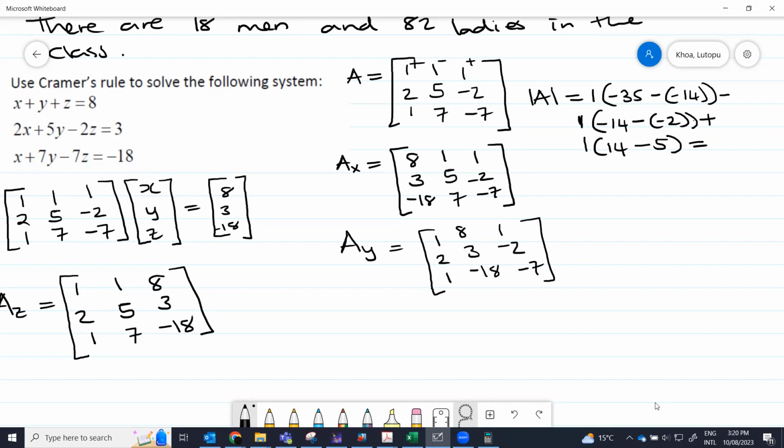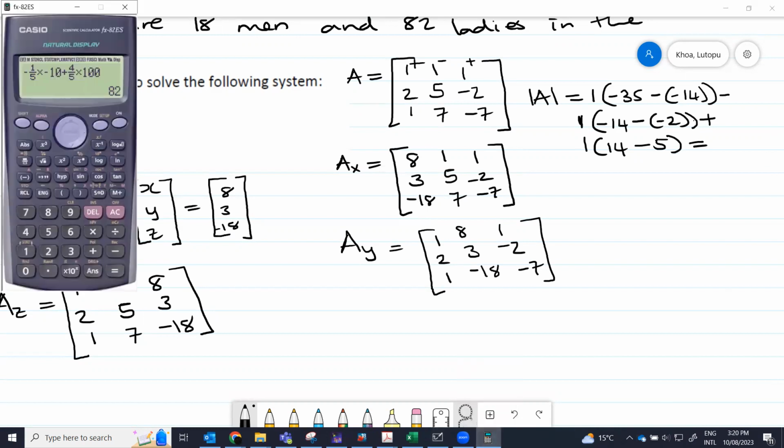Okay, so this you can just type in on your calculator. We have negative 35 minus negative 14 minus negative 14. Okay, I think my calculator will give me a problem with this sign here.